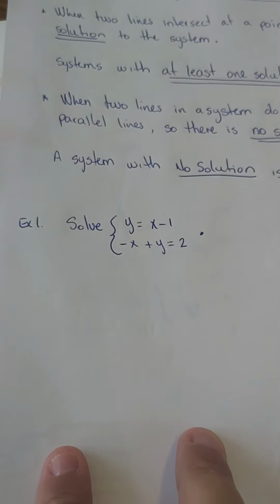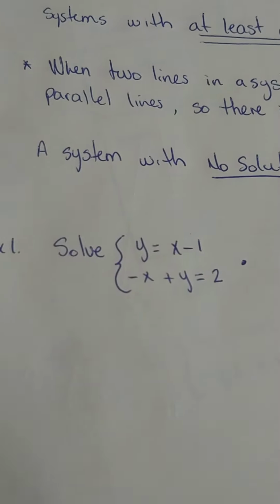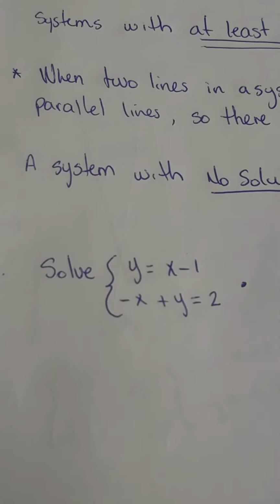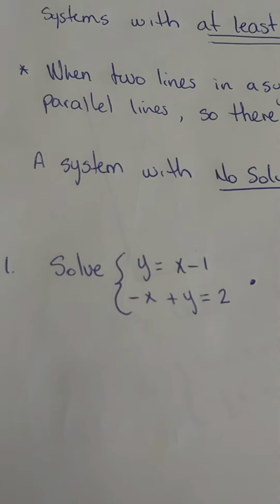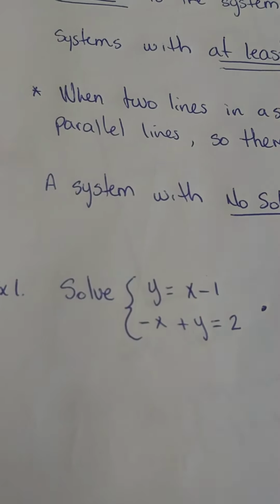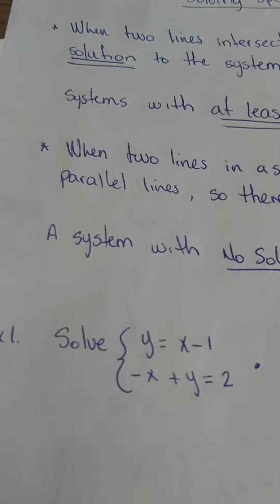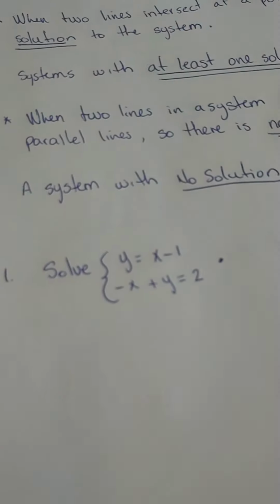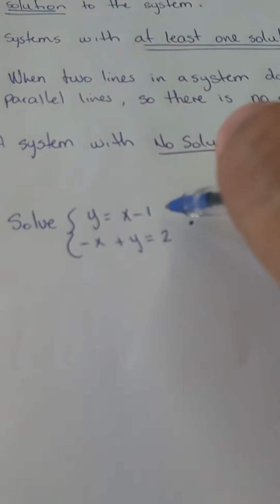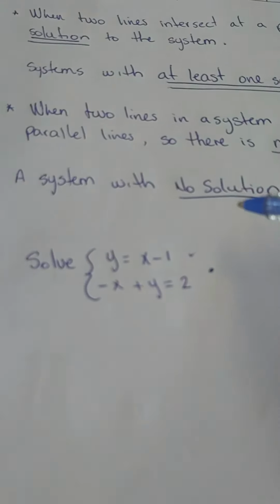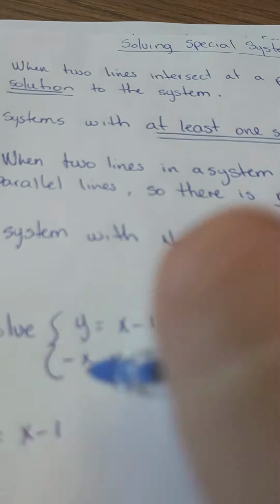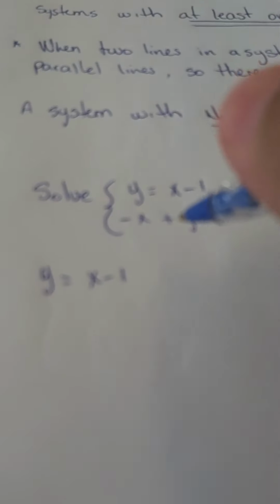Now, in example 1, notice that the first equation, y equals x minus 1, is solved for y. So in this case, it will be convenient to solve by substitution. So we select the first equation, y equals x minus 1, right? It is solved for y.